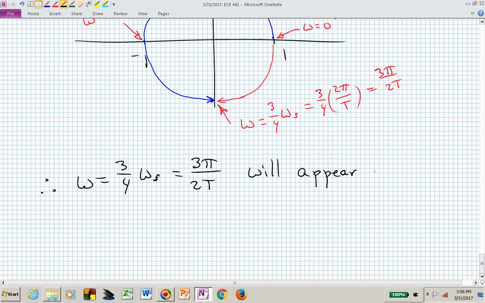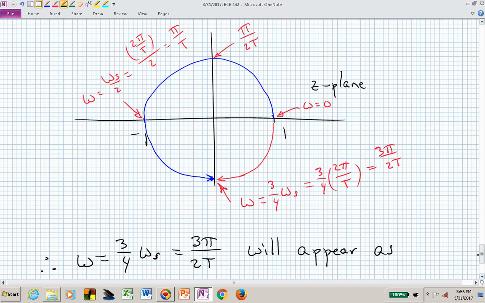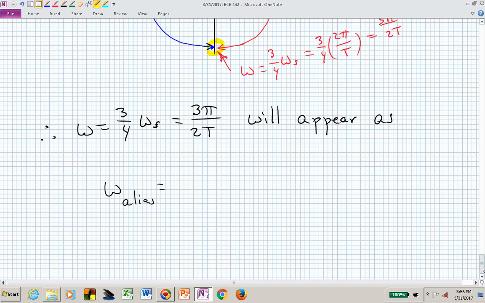It will actually appear as an alias frequency. Let me say omega sub alias, which corresponds to this point right here, but that point has its conjugate value up here, and so we're really going to see 3 pi over 2T as if it is a frequency of pi over 2T.